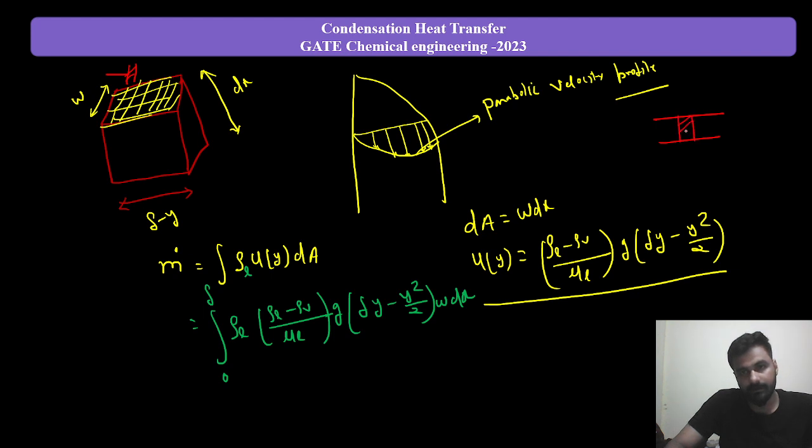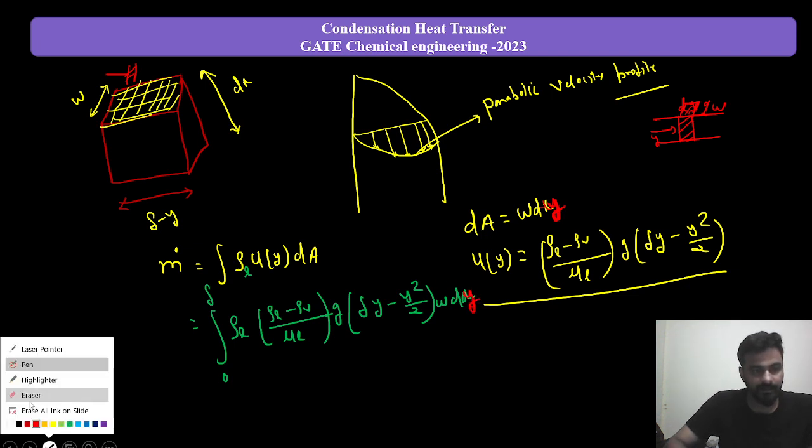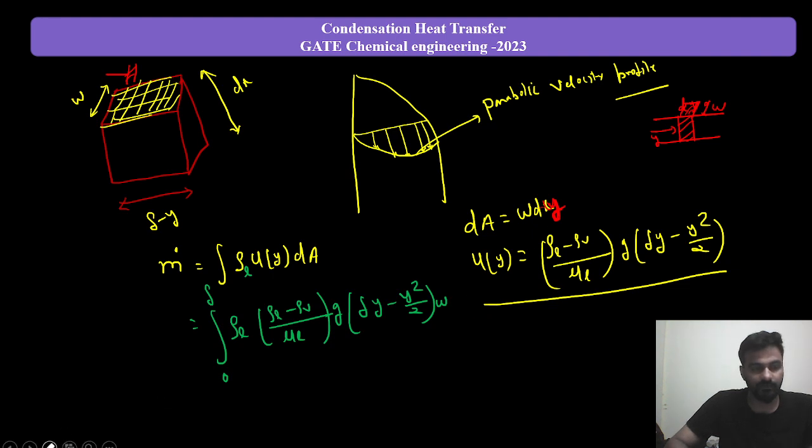It will be at a dy distance from y, and the thickness inside this plate will be w, right? So that will be w dy. Sorry for that. I hope it's clear to all of you why I am taking w dy: I am going at a distance y from the wall, having a thickness of dy, and this is the width of the plate.